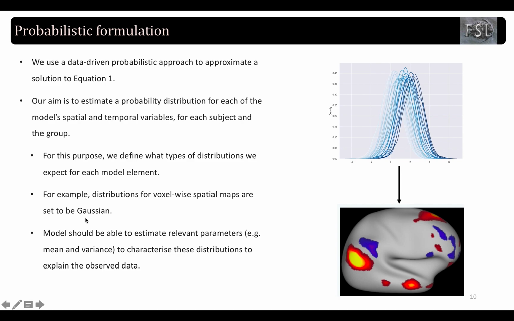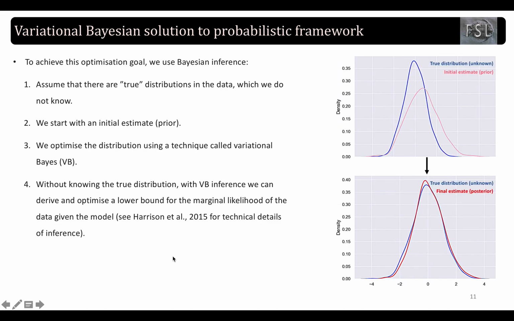For example, a Gaussian distribution can be characterized by its mean and variance. So our model's job would be to optimize this mean and variance for all the Gaussian distributions that we have across voxels, modes, and subjects in order to explain our data. Now we have reduced our problem into an optimization problem.